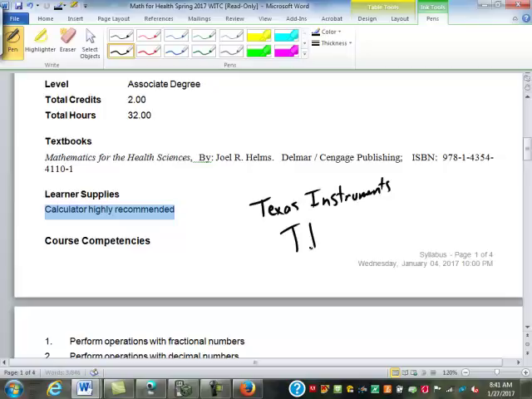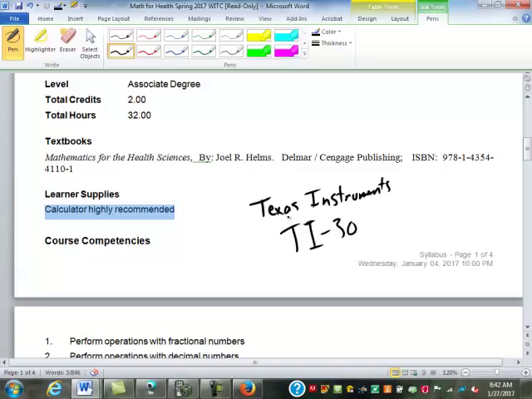It's a TI-30. And I recommend that one because it does fractions very well. And it does anything you could ever possibly want to do in this school with, any program you went into, it does all the trig and stuff like that. You don't need trig for the medical fields here, but that has it all on there.